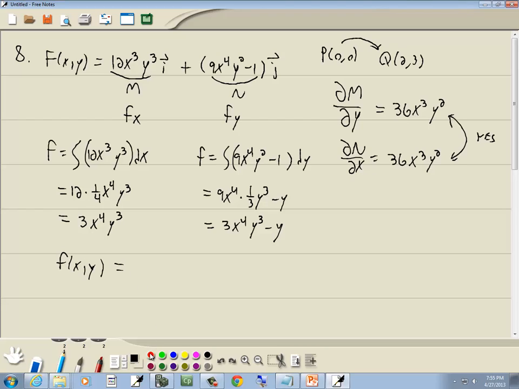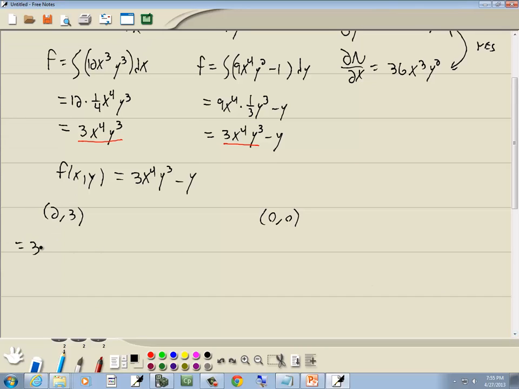Anything that's repeated, we only write down once. They both have a 3x⁴y³, so I'm just going to put that down once, and then minus y. It goes from (0, 0) to (2, 3), so we'll put the ending point first, and then we'll put (0, 0) over here.